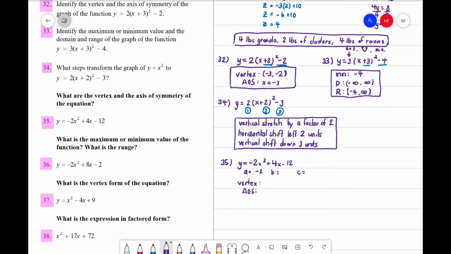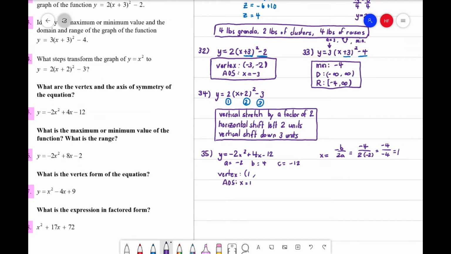So we got -2, 4, -12. The x value of the vertex is -b over 2a, which is also going to be our axis of symmetry. So -b would be -4, over 2a, 2 times negative 2, which is negative 4 over negative 4, which is positive 1. So x equals positive 1 is my axis of symmetry and the x value of my vertex.